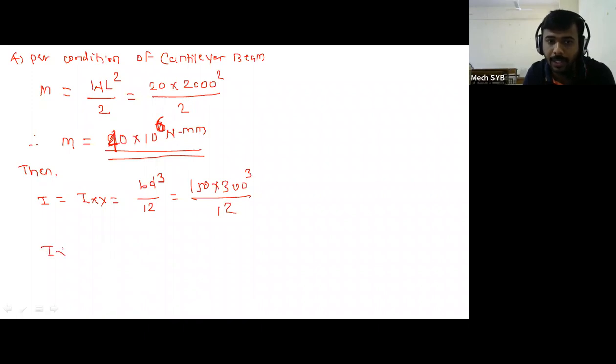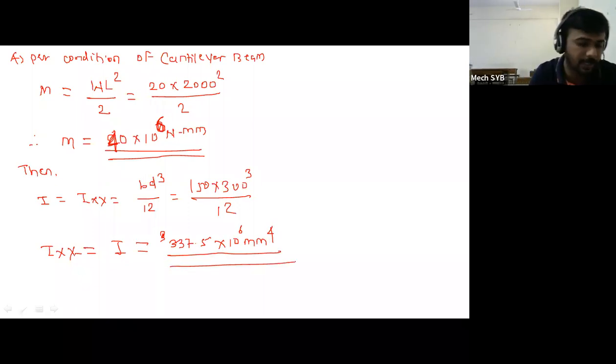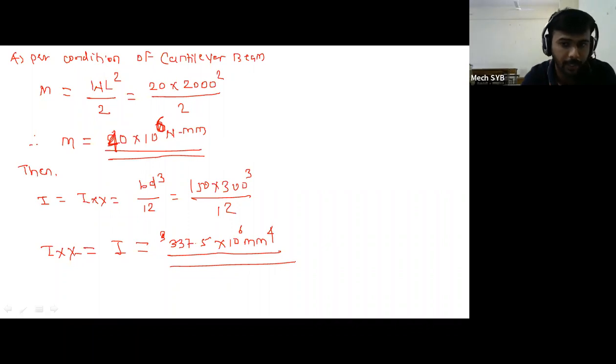So Ixx is equal to capital I is equal to how much? 337.5 into 10 raised to 6 mm raised to 4.